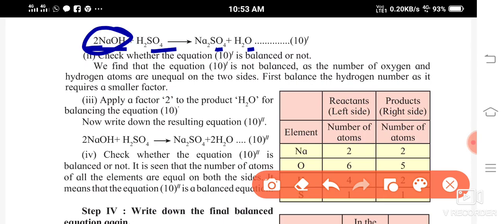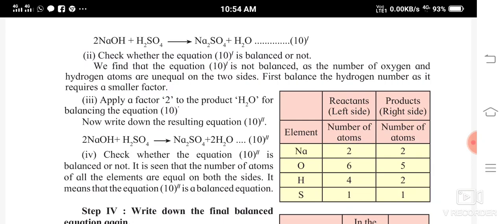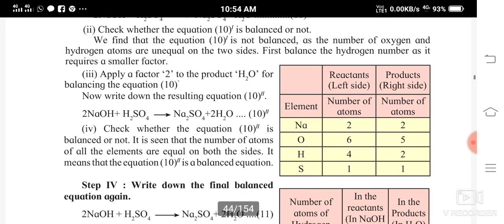Now let us see this hydrogen. How many? 2 atoms of hydrogen, right? 2 plus 2, 4, and this side it is 2 only, correct? So now you will have to balance that also.